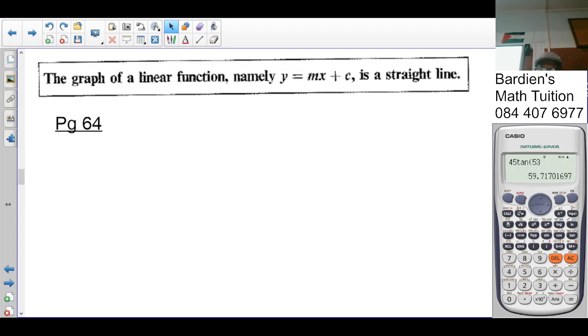So we spoke about the plotting of points on page 64, standard form. A note I want you guys to make. We're on page 65 now.